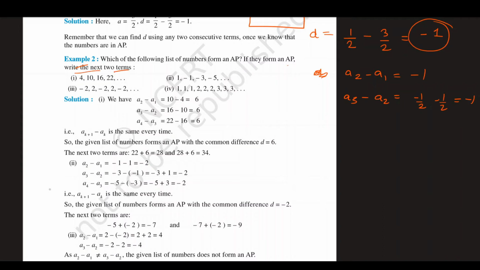The first part is 4, 10, 16 and 22. The first term A is 4, this difference is 10 minus 4, which is 6, this difference is 16 minus 10, also 6, and this difference is 22 minus 16, also 6.